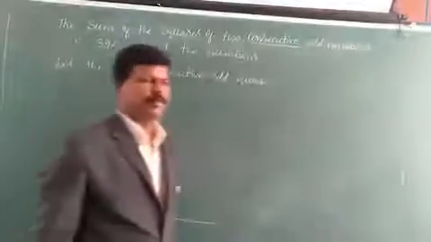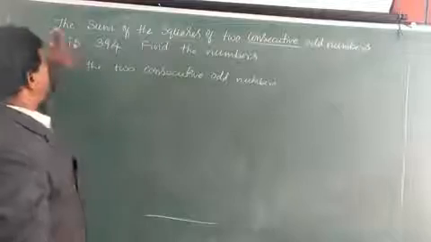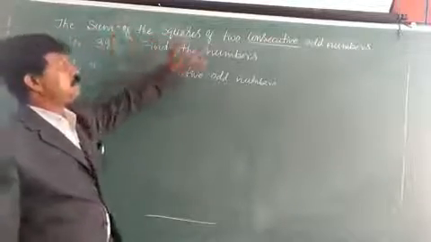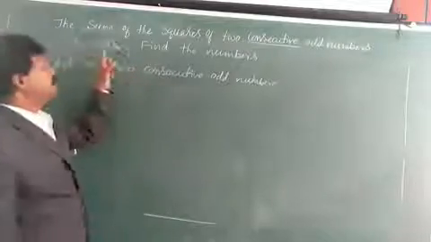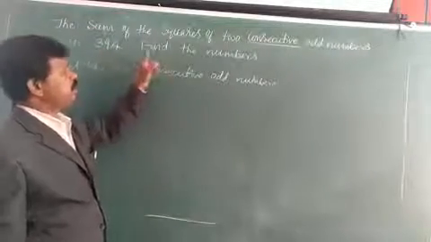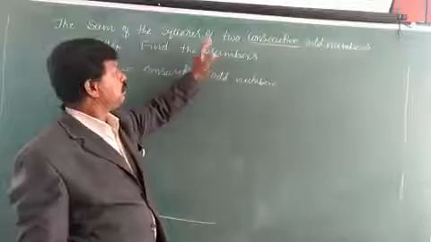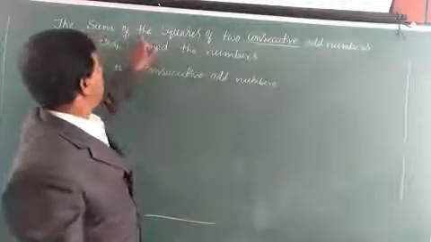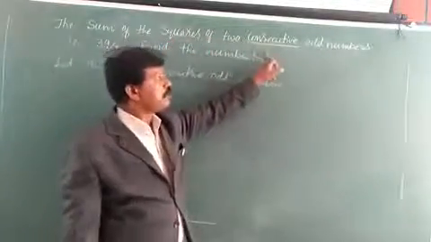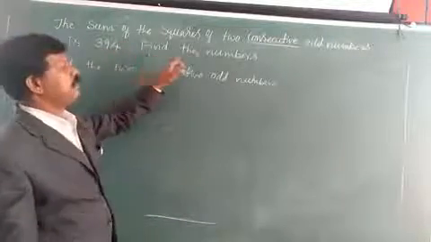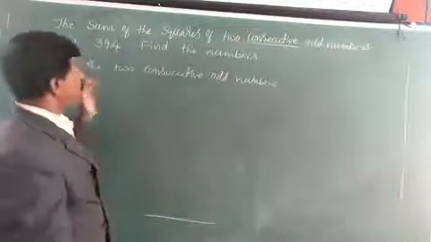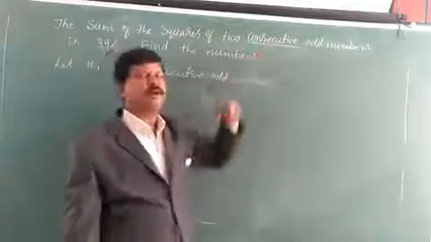Okay, the second problem: the sum of the squares of two consecutive odd numbers is 394. Find the numbers. Now you know consecutive numbers.